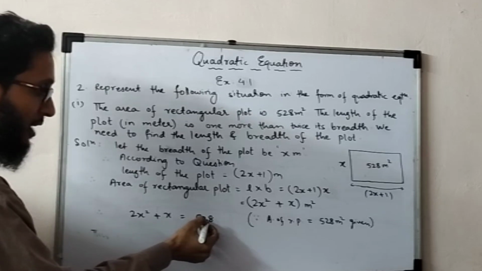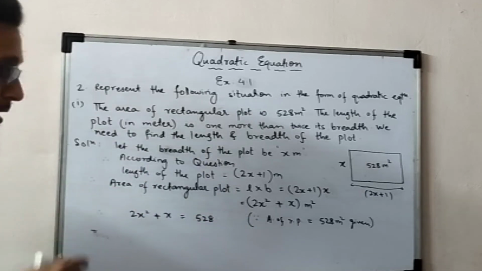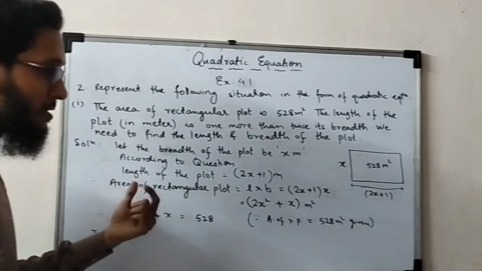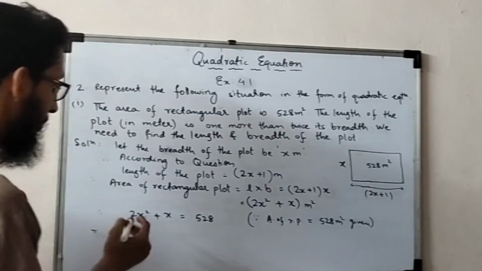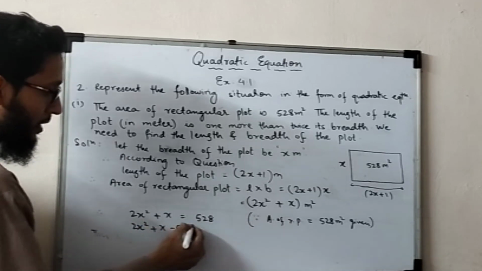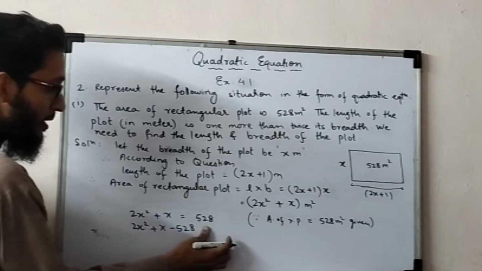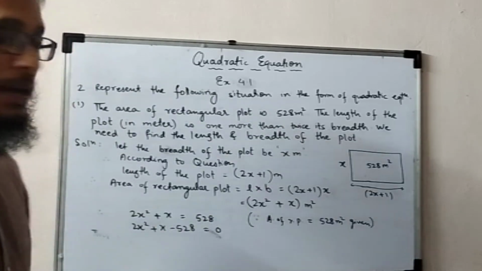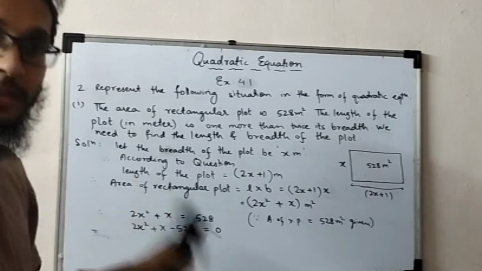Now we will shift this 528 to the left side. Why? Because we have to convert this equation into standard form. So 2x square plus x minus 528 is equal to 0, and that is the required equation.